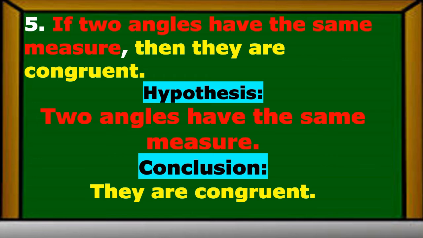The word if in the hypothesis is being removed, while the word then in the conclusion is also being removed. Let me emphasize again, the words if and then are not part of the hypothesis nor of the conclusion. We are done with defining and illustrating conditional statements.